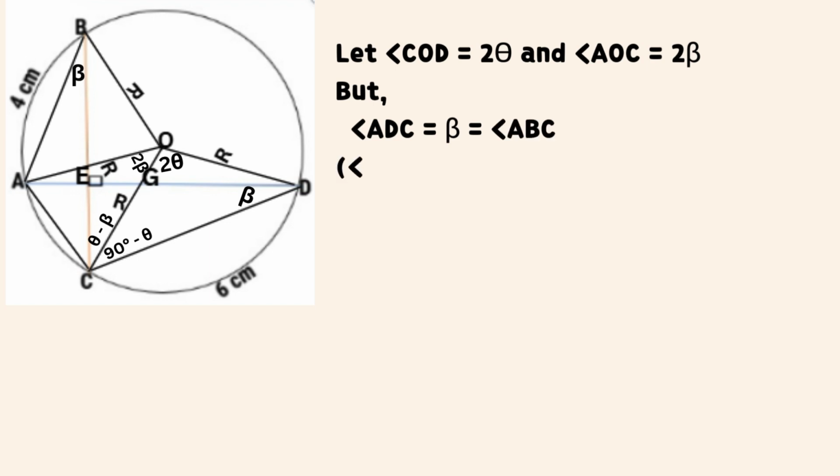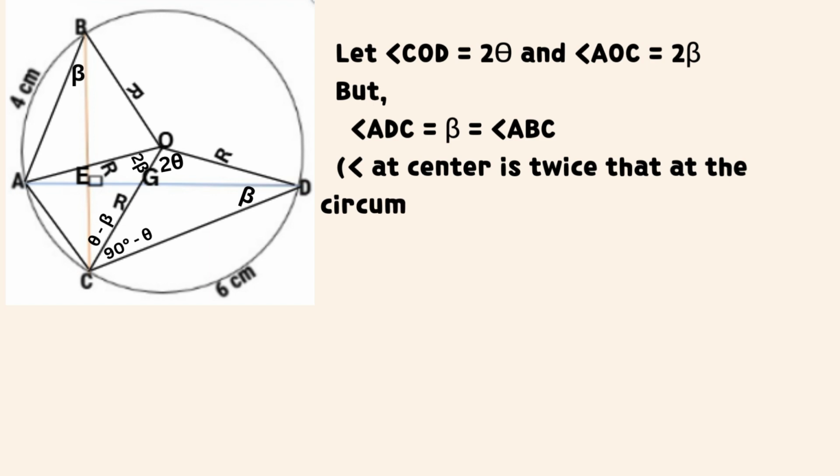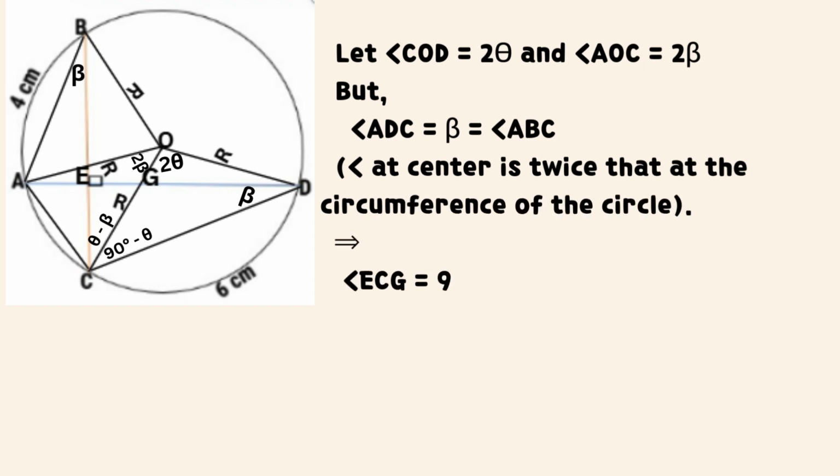Let angle COD equal 2 times theta, and angle AOC equal 2 times beta. But angle ABC equals beta. It is because the angle at the center is twice that at the circumference of the circle.